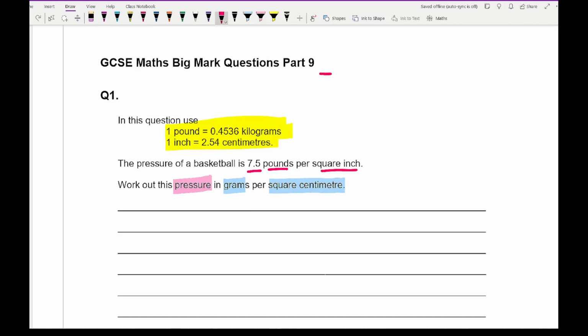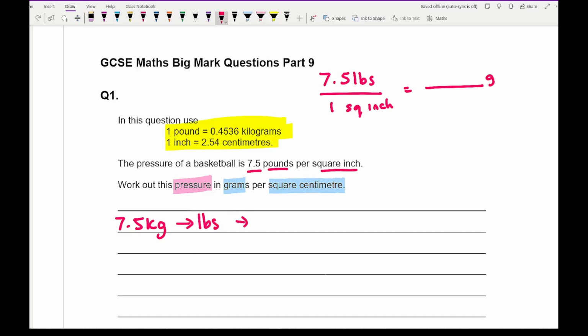So looking at 7.5, and that's in pounds per 1 square inch. Now first things first, what I want to do is I need to convert that into grams. So the first thing I'm going to do is first of all convert 7.5 pounds into kilograms.